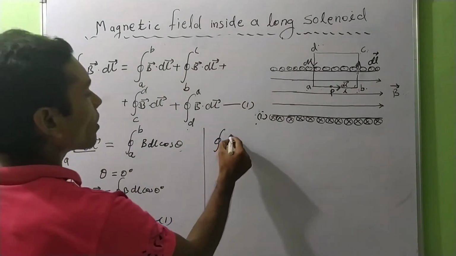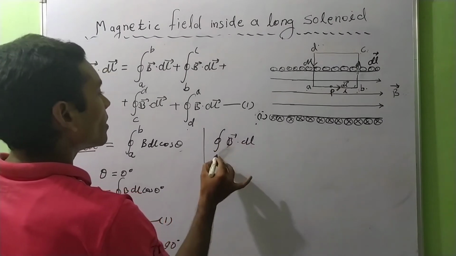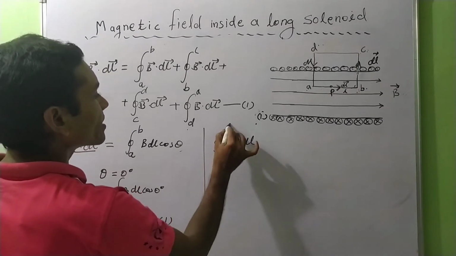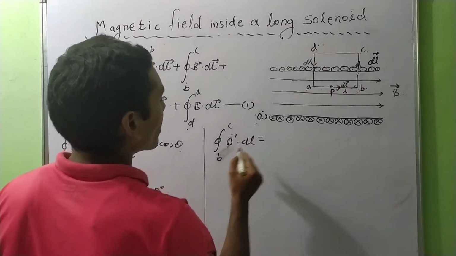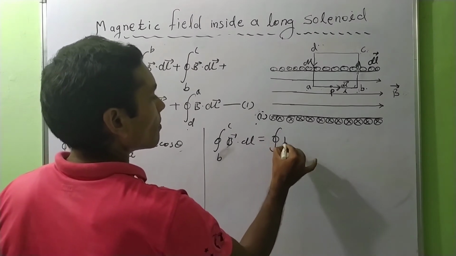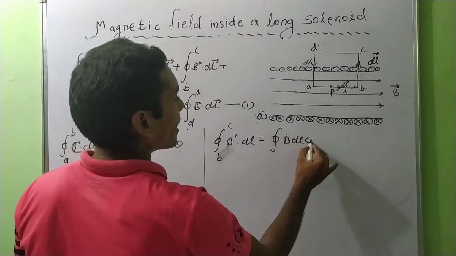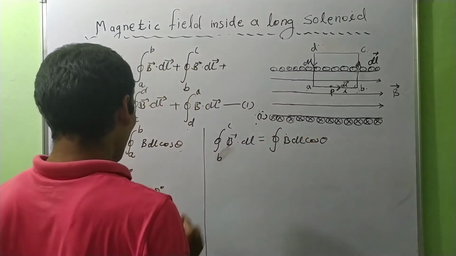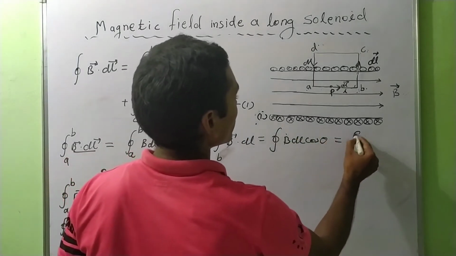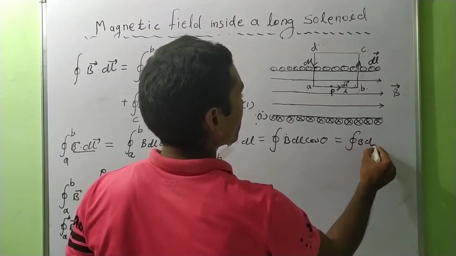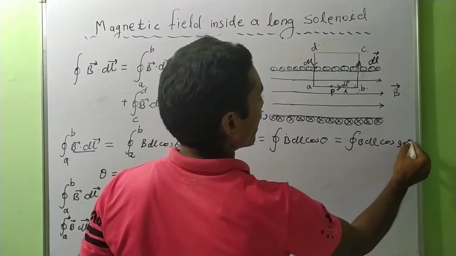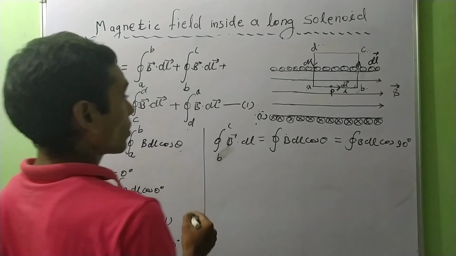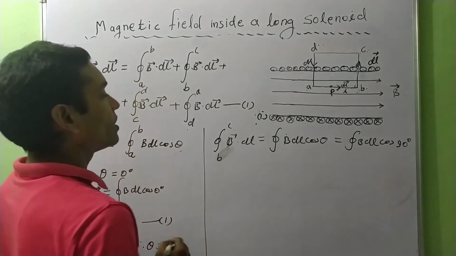So the line integral of magnetic field along BC will be equal, by the formula, to the integral of B dl cos theta, but theta equals 90 degrees. That's why it is the integral of B dl cos 90 degrees, but cos 90 degrees equals 0.